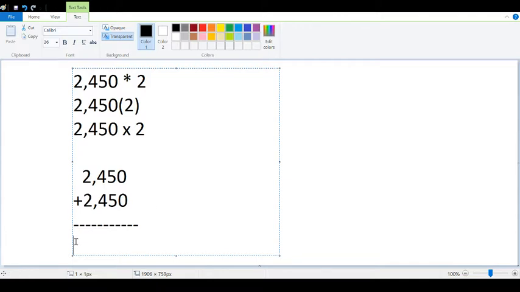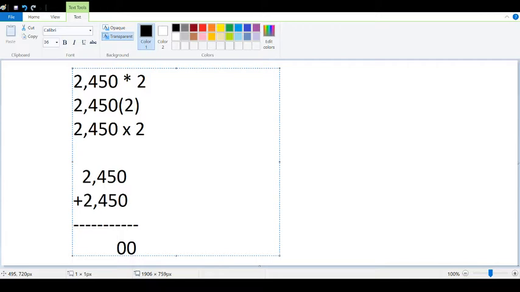And now we can just do simple addition. So 2 plus 2 is 4. Oh, I'm sorry. In addition, you work right to left. So 0 plus 0 is, of course, 0. Then we have 5 plus 5, which is 10.